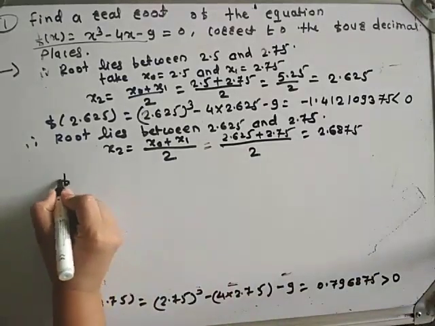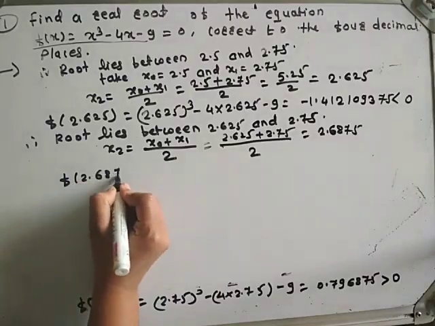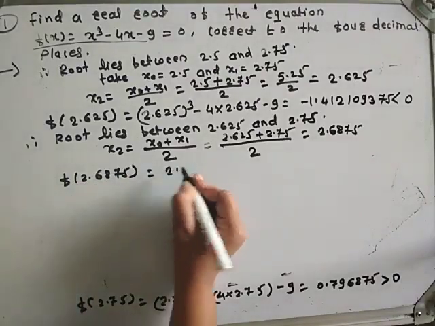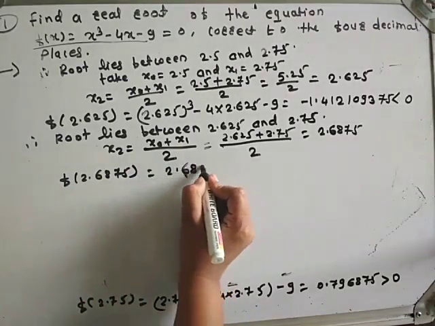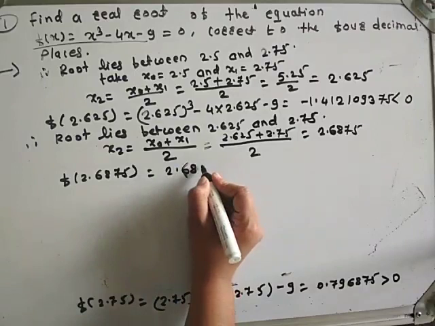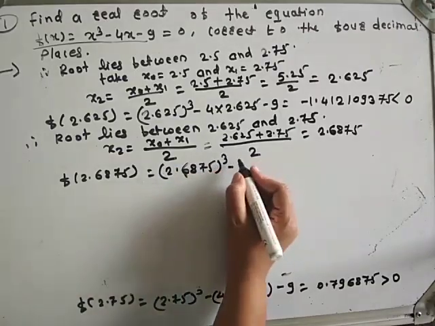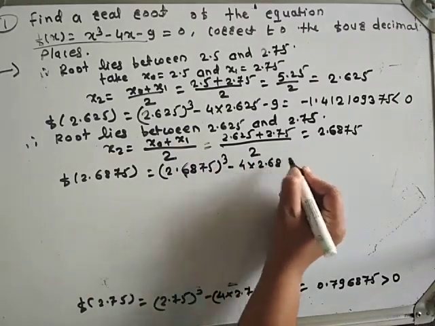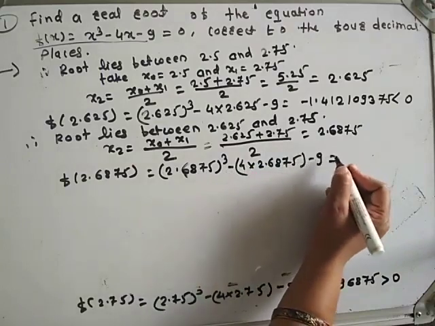Now calculate f of 2.6875, which is equal to 2.6875 cube minus 4 into 2.6875 minus 9.